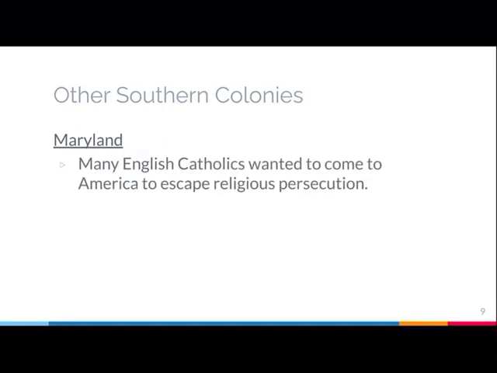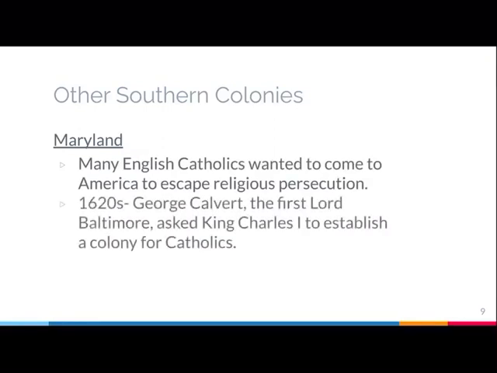Right, and so what happened then was in the 1620s, a man named George Calvert, the first Lord Baltimore, asked King Charles I to establish a colony for Catholics, right? He's like, hey, can we get a colony in the New World as a refuge for Catholics?